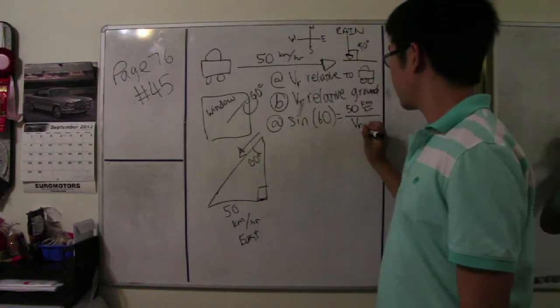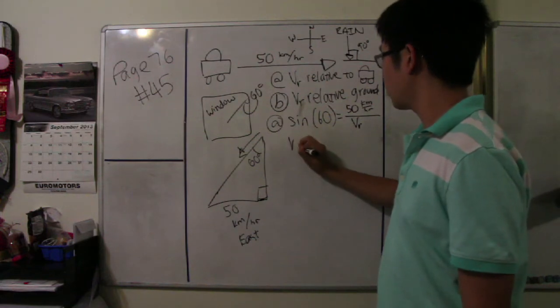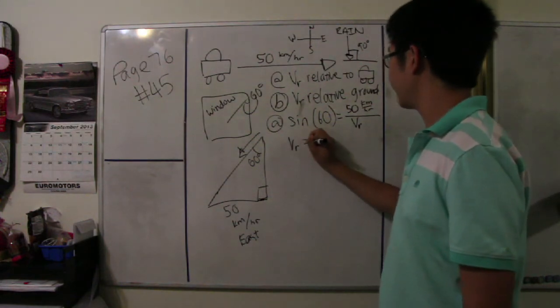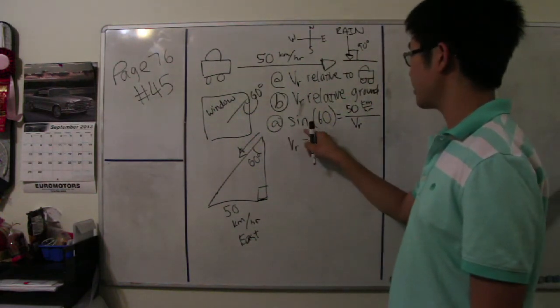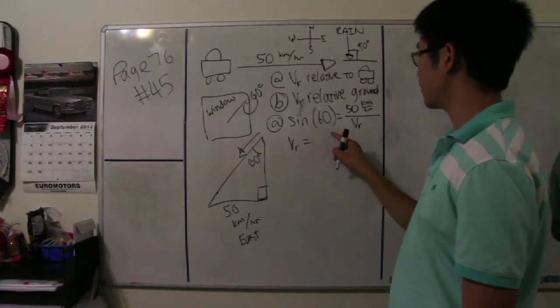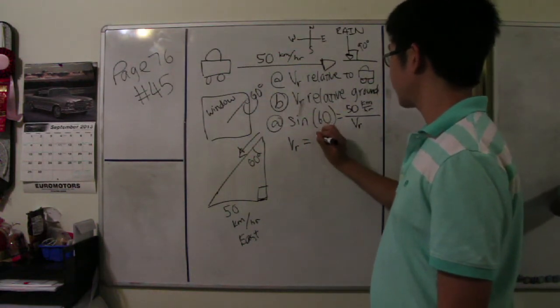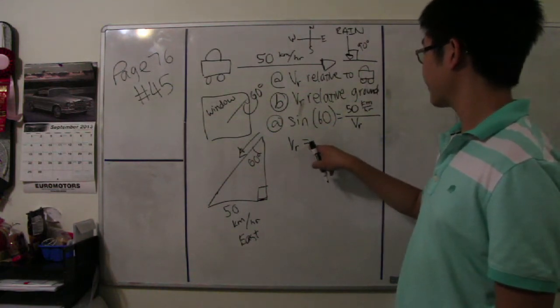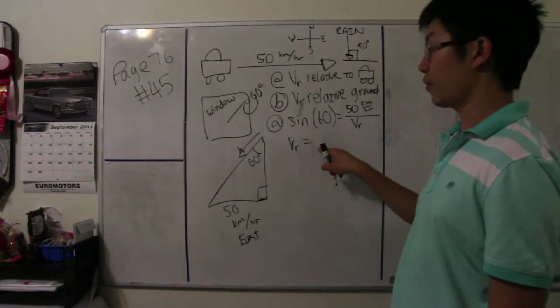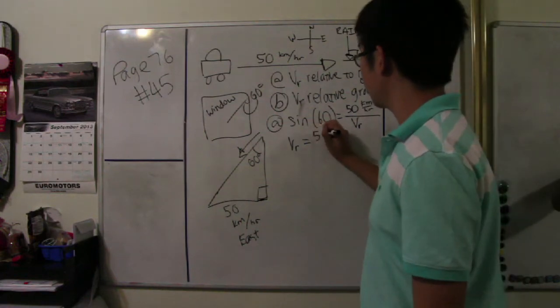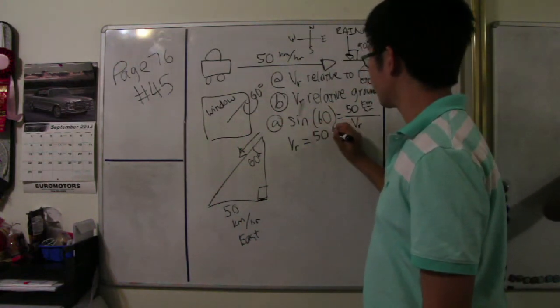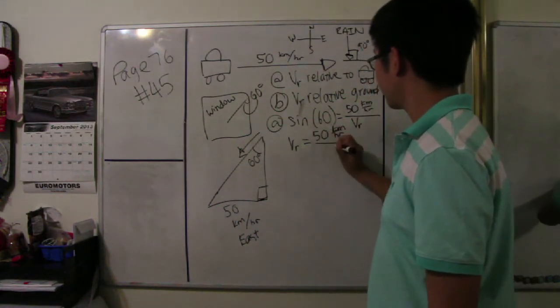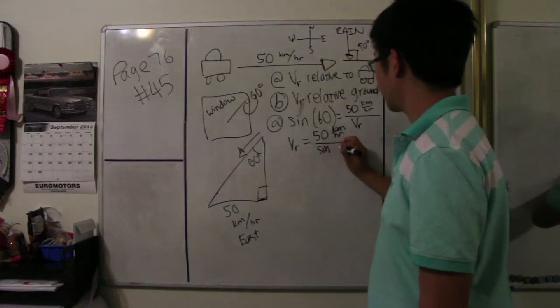So we can multiply both sides by V subscript R and divide both sides by sine of 60. So for the left side we get V_R, and on the right side we get 50 kilometers per hour over sine of 60.